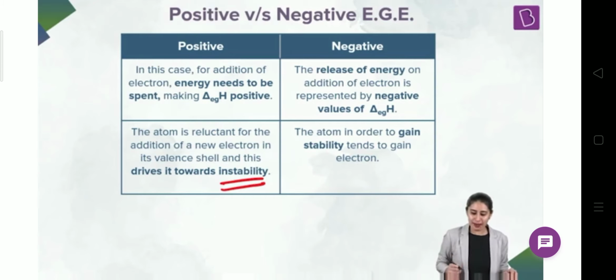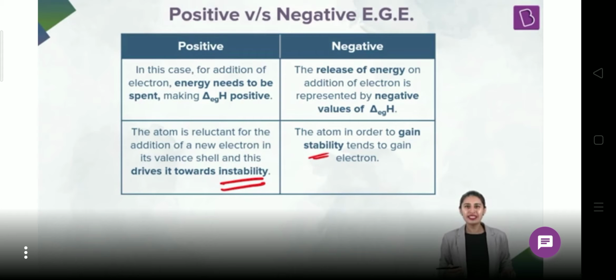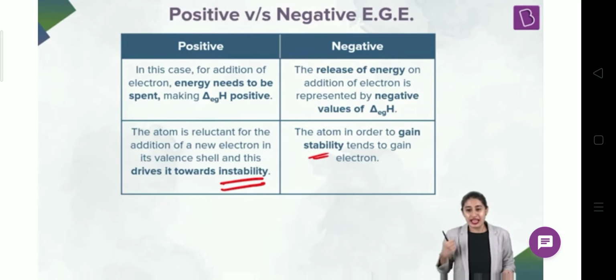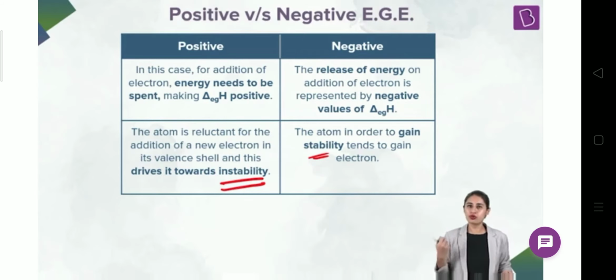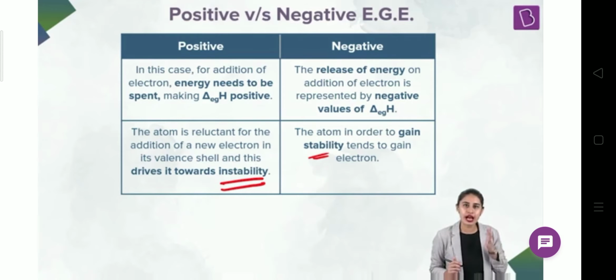Whereas the BYJU'S chap out there, the atom, in order to gain stability, tends to gain electrons. So he is gaining stability, and hence you can very well say that he would therefore have that cake to gain stability. So in negative electron gain enthalpy, energy is being released, of course, because it is driving the atom towards stability.